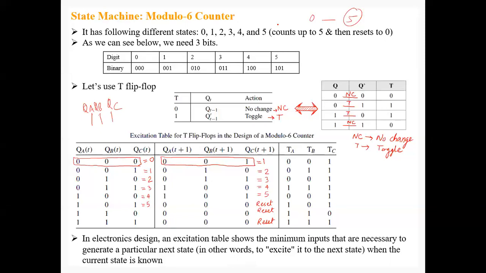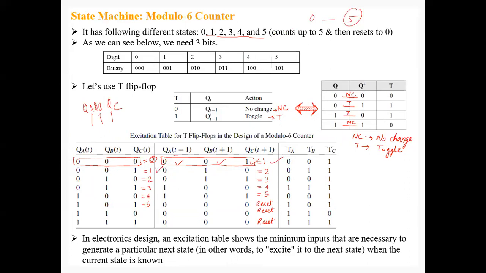But the thing is, we don't need more than 5. So after 5, see, when the initial state is 0 0 0, then what is the next state? From 0 0 0 we have to go to 0 0 1. That's the final state, meaning 0 has to go to 1.